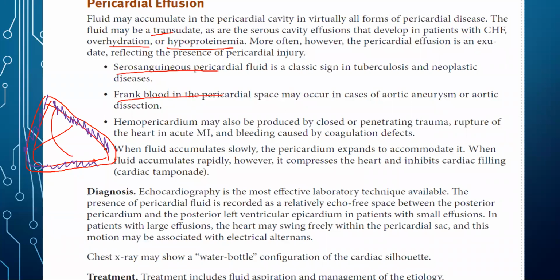If you get serosanguinous fluid, most likely either TB or cancer. It's not very important for your exam, so I'm not giving much time in these cases. You can see I'm just touching these things. It's not very important.